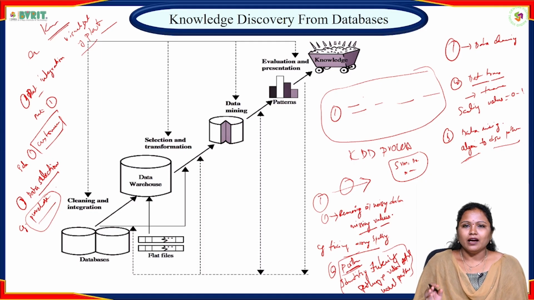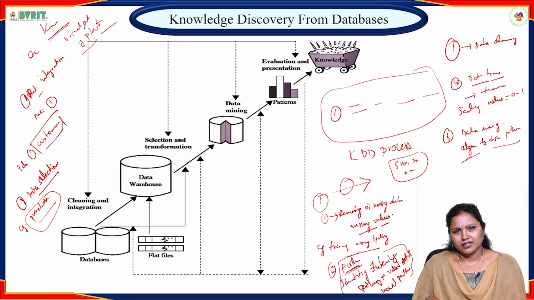Finally, after doing all this process, we apply different algorithms to mine the data. Whatever algorithms are required, we assign to that. After data mining, assigning the algorithms, we do pattern evaluation: according to the requirement, we consider the useful patterns. Then knowledge representation.